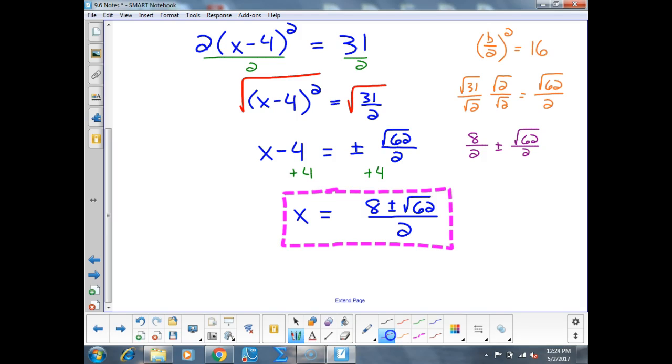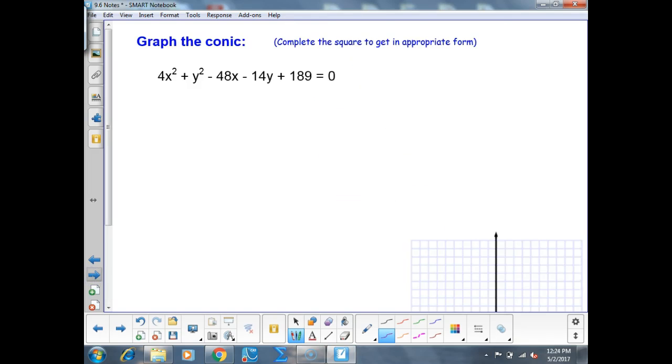Okay? Now, let's put it to use here in conics. This is a conic. What type of conic is it? From yesterday. Ellipse. Why is it an ellipse?